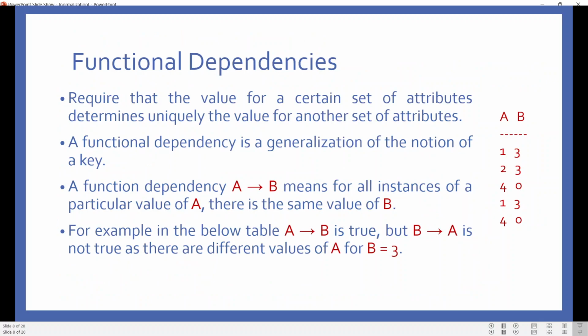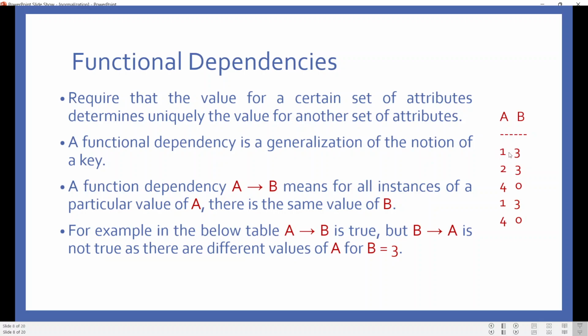Here is another example. Basically, it is a case where a set of attributes uniquely determines the value of another set of attributes. If you have a functional dependency like this, B depends on A, it means that for every value of A there is the same value of B. Suppose A values are 1, 2, 4, 1, 4.